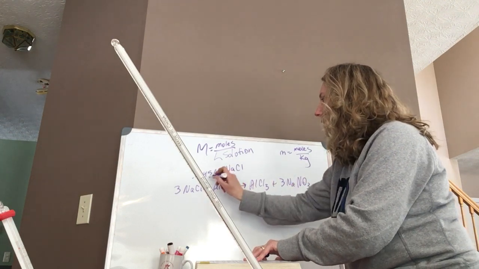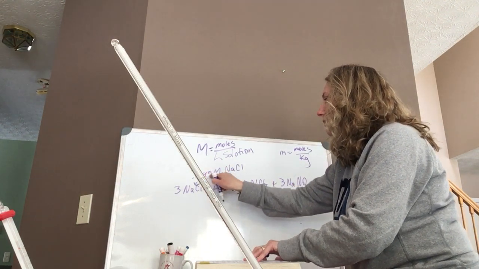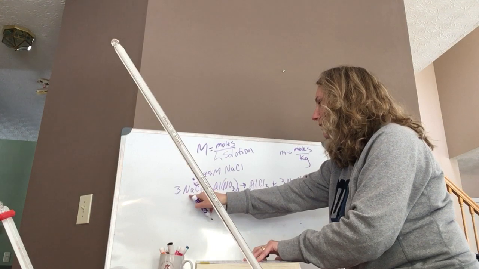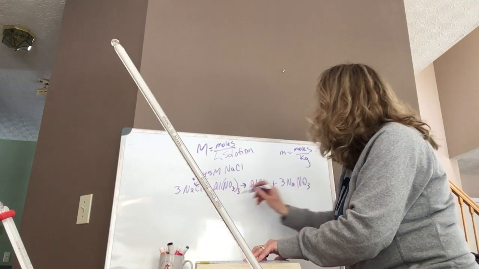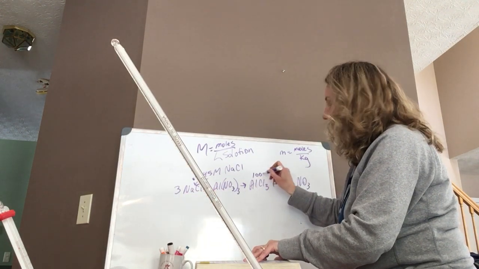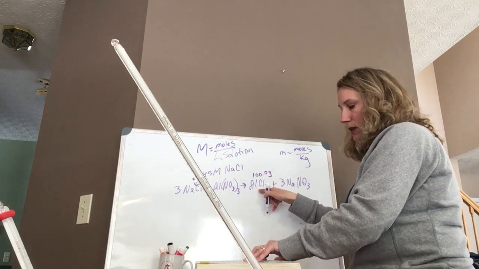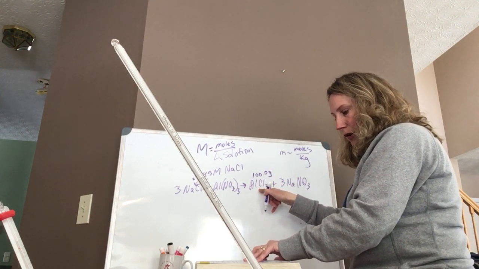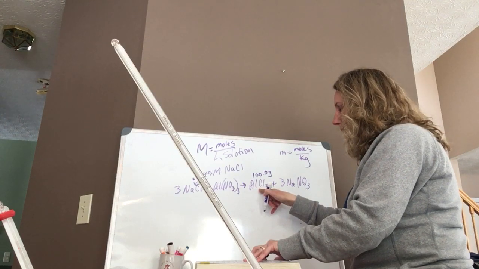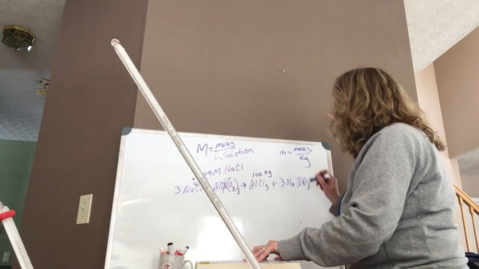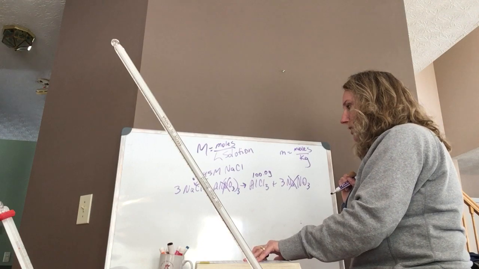So they're telling me that I have 0.245 molar solution of this, and they want to make 100 grams of this. Okay, so they're not asking me about that, I can ignore that. They're not asking me about this, I can ignore that.